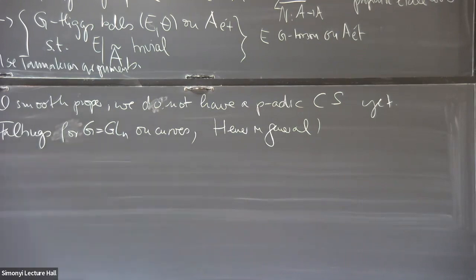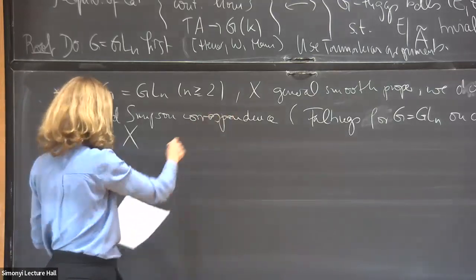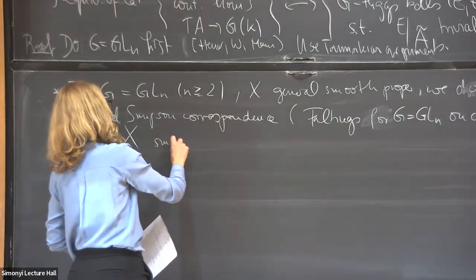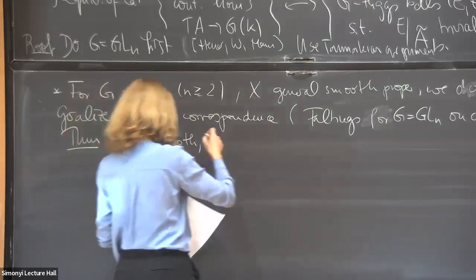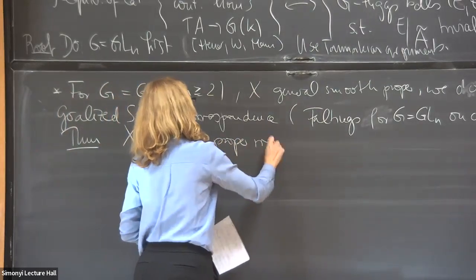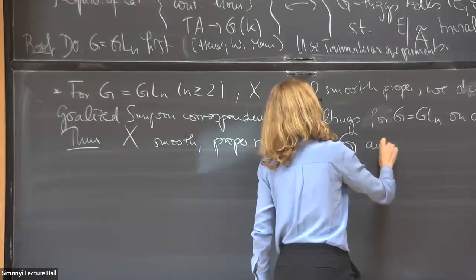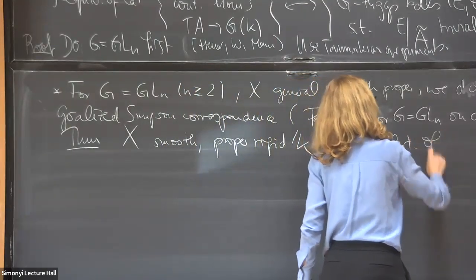And this says the following: you have a space X, smooth proper rigid, and G is the analytification of a linear algebraic group.